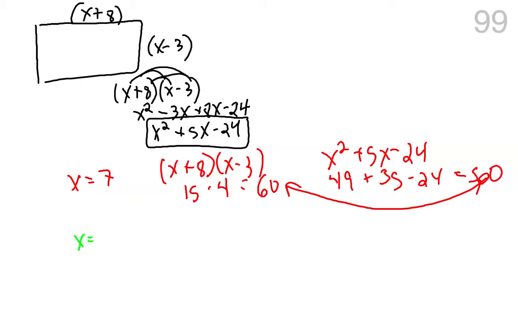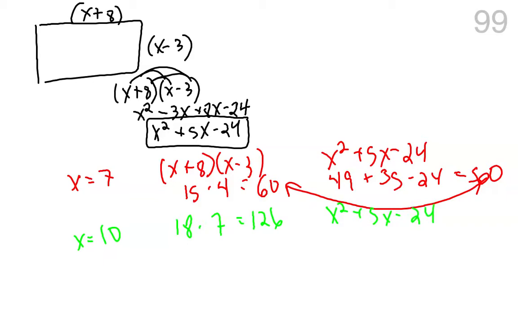Okay, so what's the next one? X equals 10. So again, it says x plus 8, so what's 10 plus 8? 18. And what's 10 minus 3? 7. So 18 times 7 is 126. Okay, so far so good? Now I'm going to plug into here, x squared plus 5x minus 24.